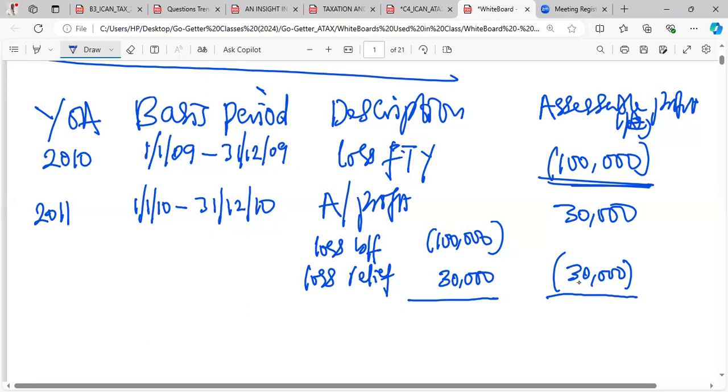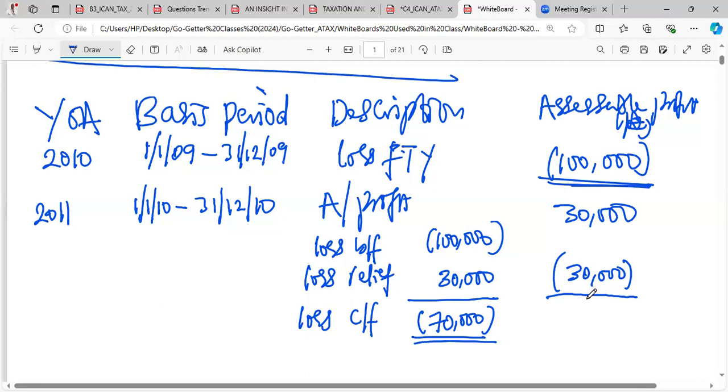That is the loss carried forward. So you see, this is 100. That was your loss. Take away 30, the loss will remain 70. So this is the loss carried forward.